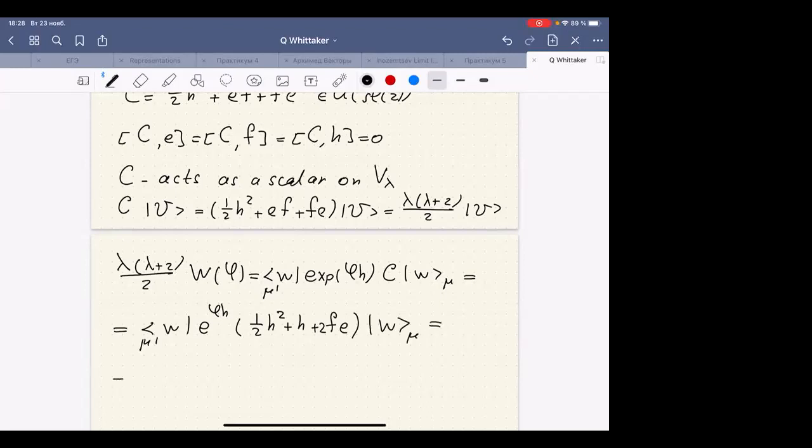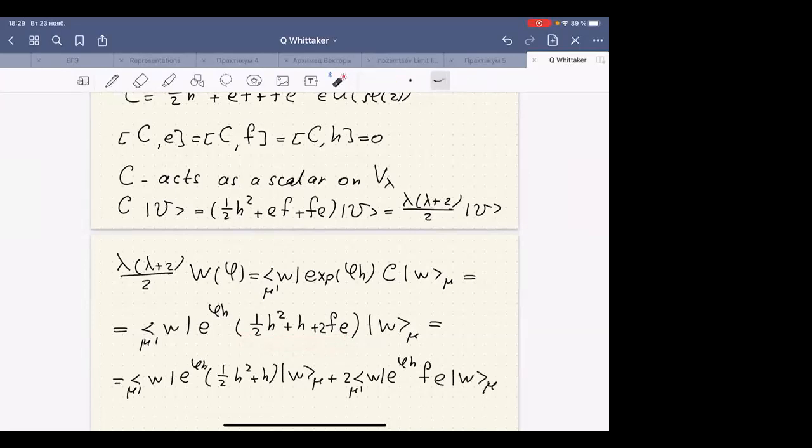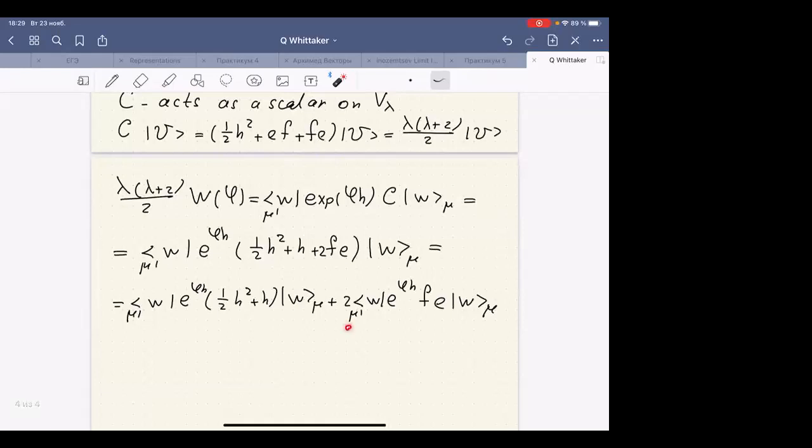All right, so I divide this expression into parts. The first part is with H's. So I want to work with this part.